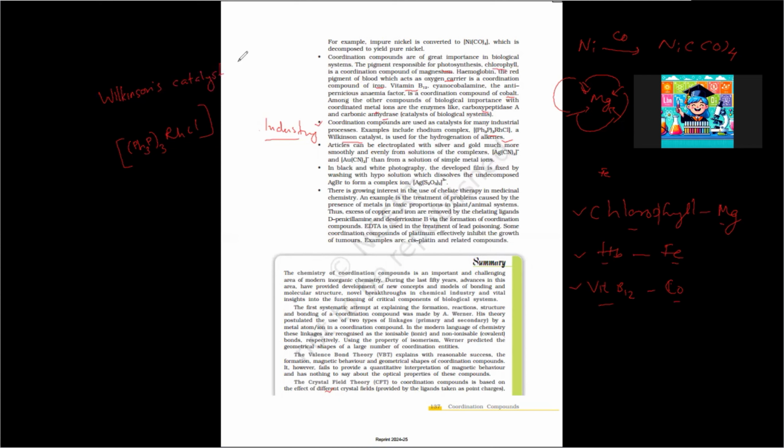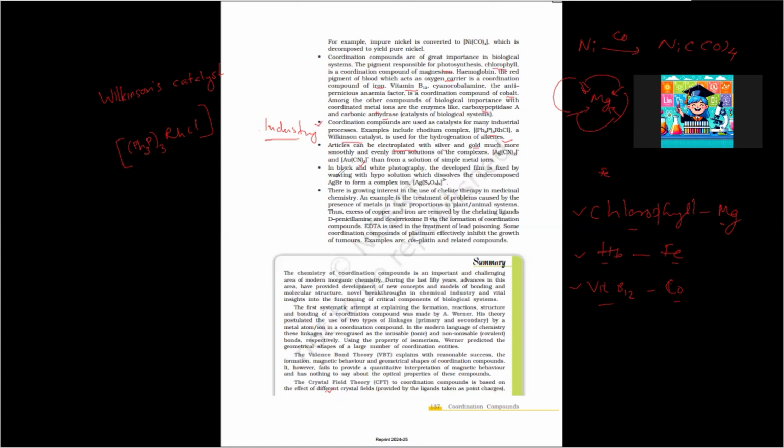And now coming to the other applications, electroplating of articles with silver and gold happens easily and smoothly if you use solutions of these complexes rather than solutions of simple metal ions. So in the electroplating industry also, coordination compounds are highly useful.